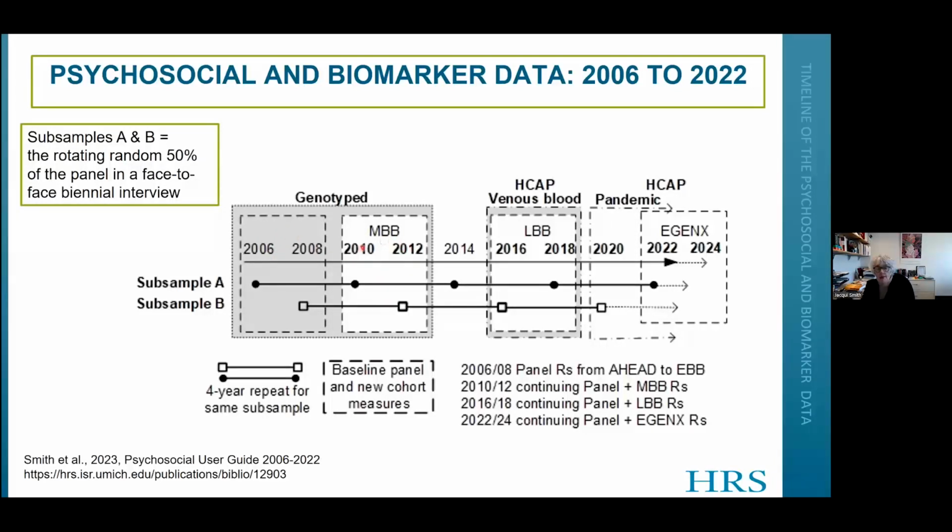And the same happened here when the new mid-baby boomers came in. And then in 2016, it got bigger and better again because they put in an expanded cognitive battery, but also people were signed up, or if they agreed, if they consented to provide some venous blood and to visit a clinic to provide that.